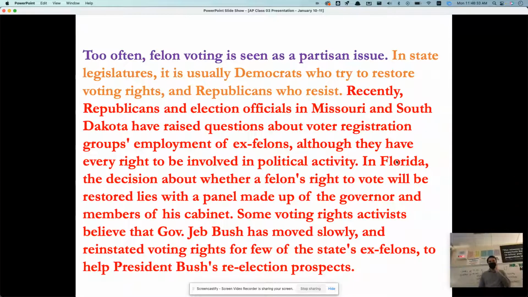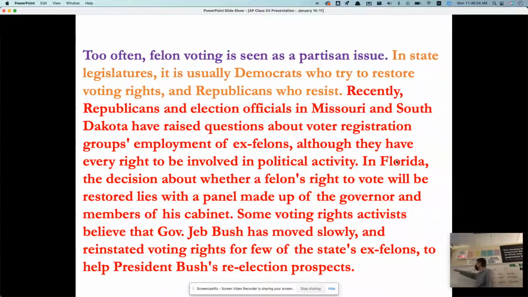All right. So I want you to see the structure here. You've got our claim of value here: felon voting is seen as a partisan issue too often. That's what makes it a claim of value, not the partisan, but the too often. And then right after that claim of value, there's a claim of fact to support it: in state legislatures, it's usually Democrats who try to restore voting rights and Republicans who resist.